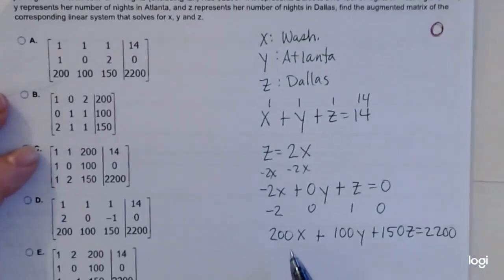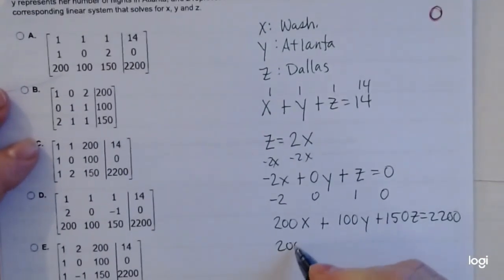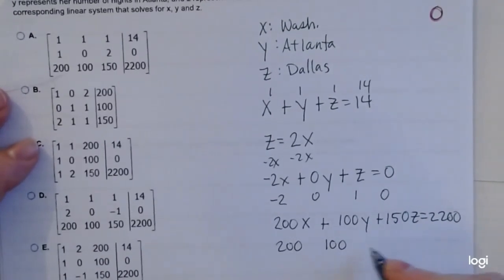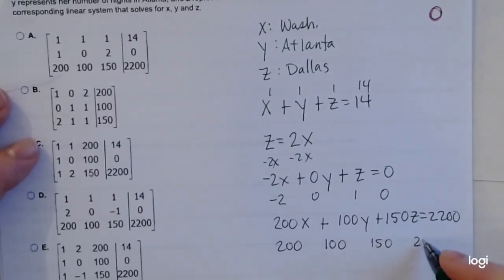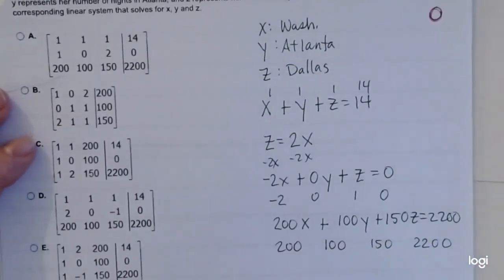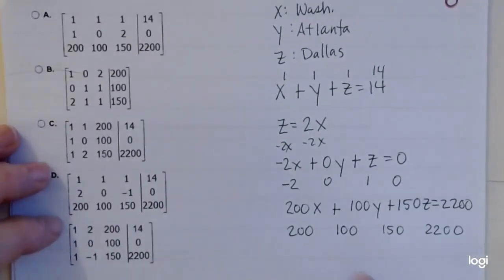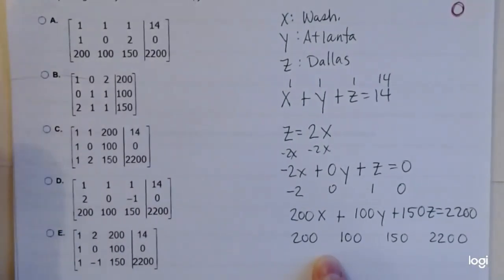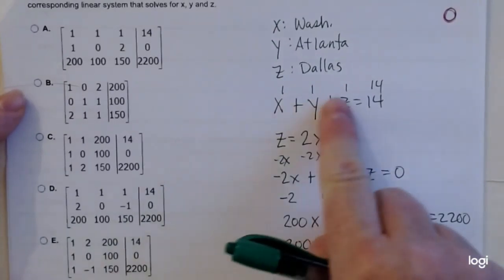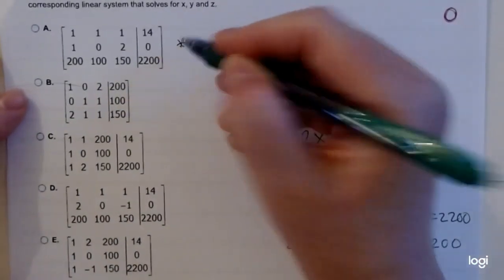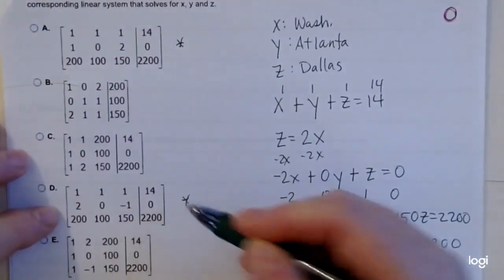So we have 200, 100, 150, and 2,200. So if we look at the options that we have based on the 1, 1, 1, 14, we're looking at this one. We're looking at this one.